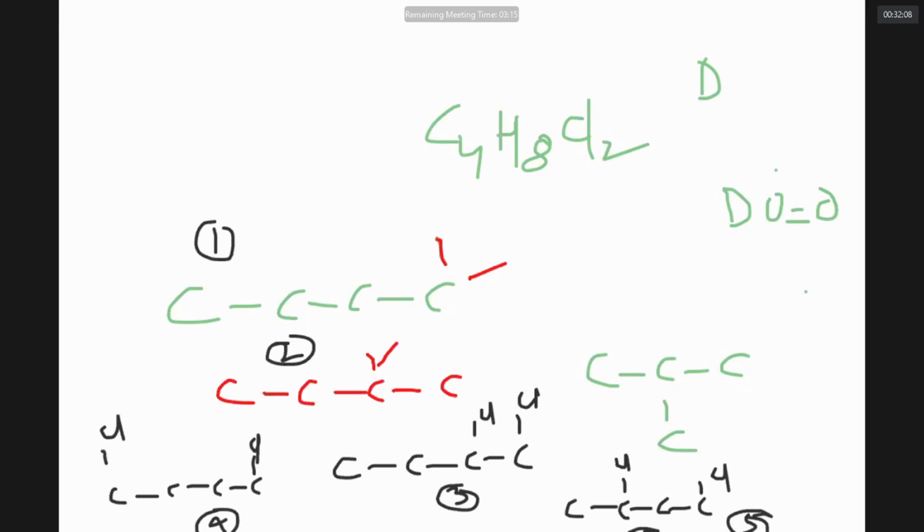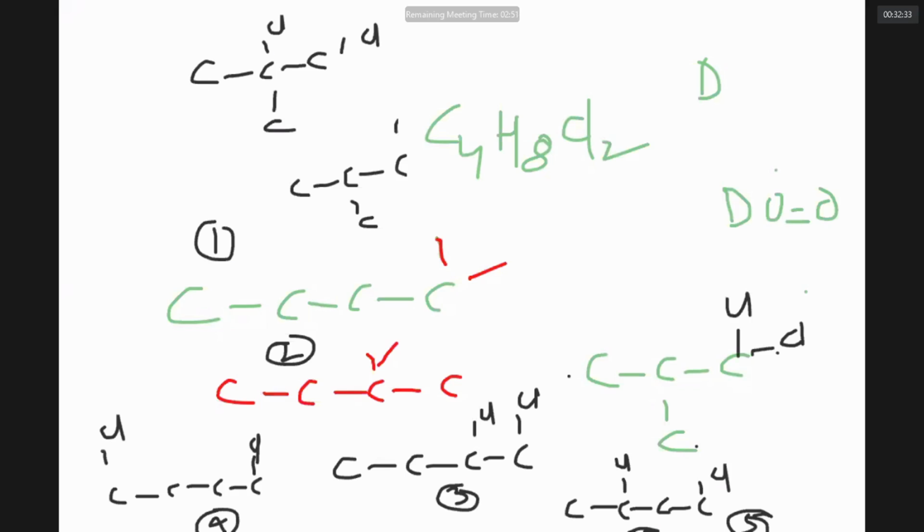Now here, if it has a branch like this, I can put both Cls here, one possibility. Whether I write here or here or here, no difference. What is the other possibility? I can put 1 Cl here, 1 Cl here. So these are the possibilities.